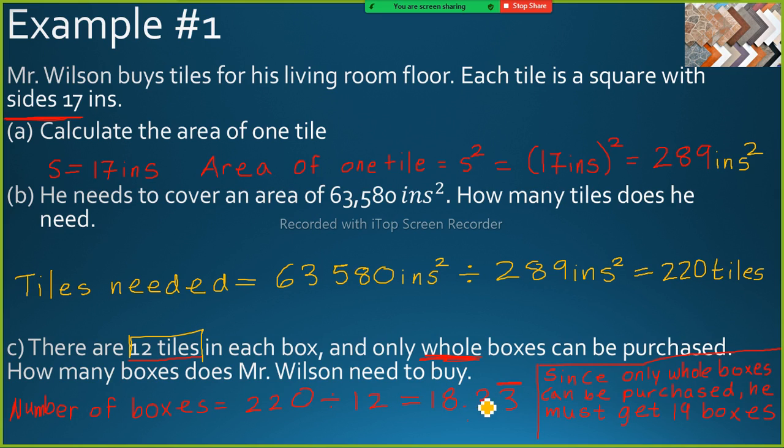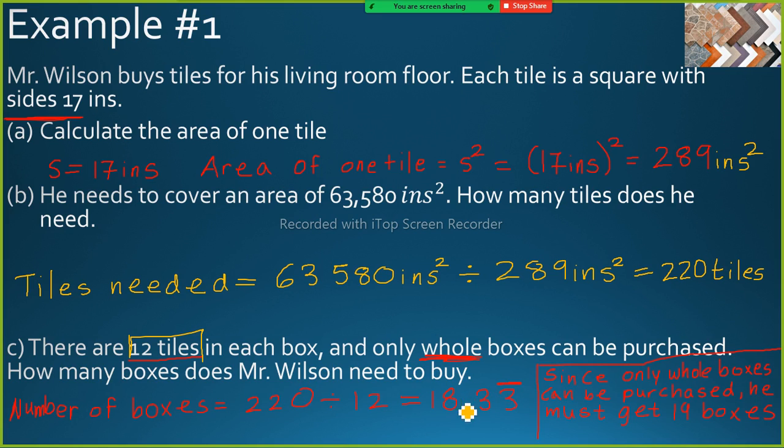And then we got 18.33. But they said whole boxes. So he either could get 18 or 19. It's impossible for him to get 18.33 boxes, because they don't sell it like that. It's either 18 or 19 or 20 or 21 or 22, whole boxes.